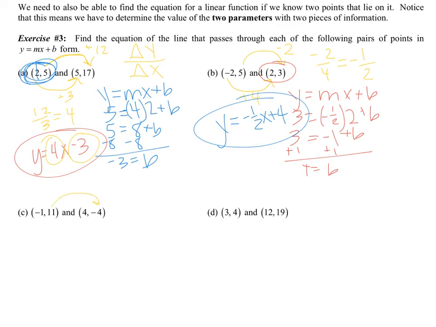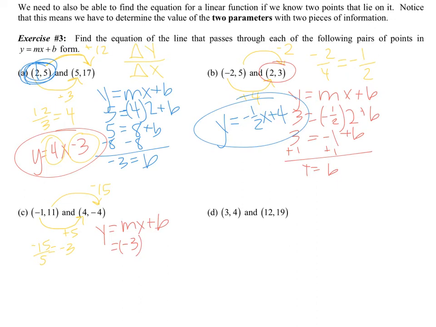All right, y to y, 11 to -4 is -15 places. From x to x, -1 to 4 is +5 places. So -15 over 5 is -3. So y equals mx plus b. Instead of m, we are plugging in -3.